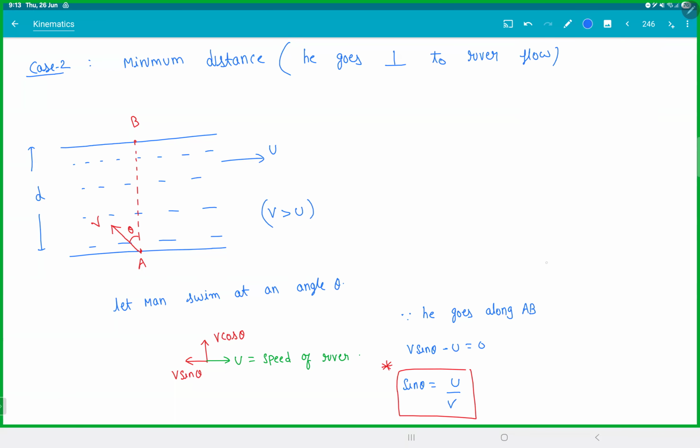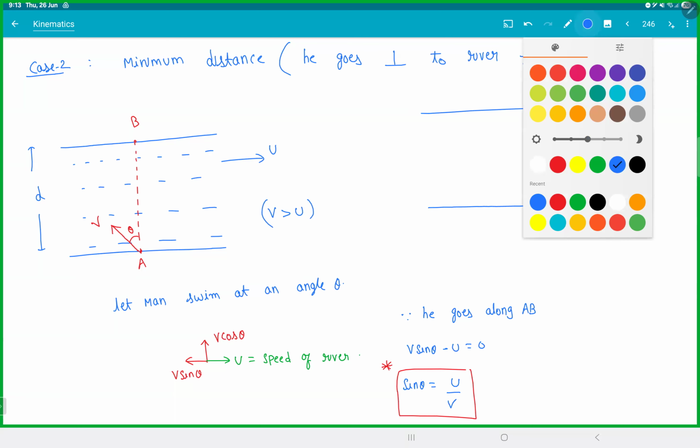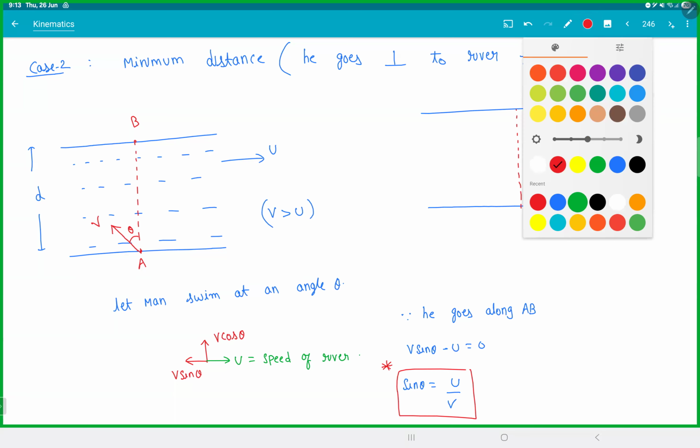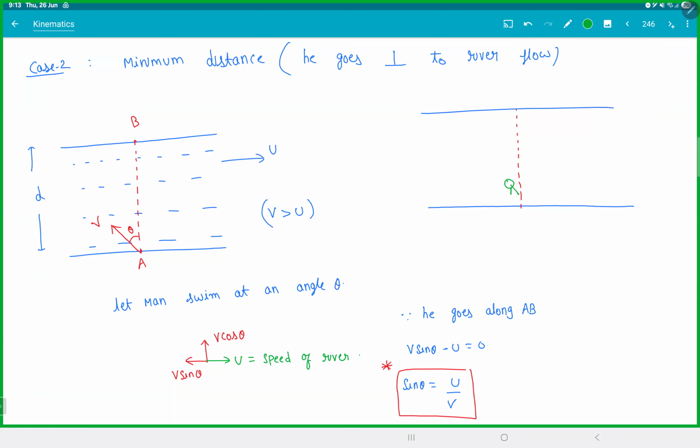What about the time taken? How long will it take to cross? Again, let me show you the picture of how it looks. If this is the river, this is how it looks. This person is looking like this. Can you see? He's at an angle.